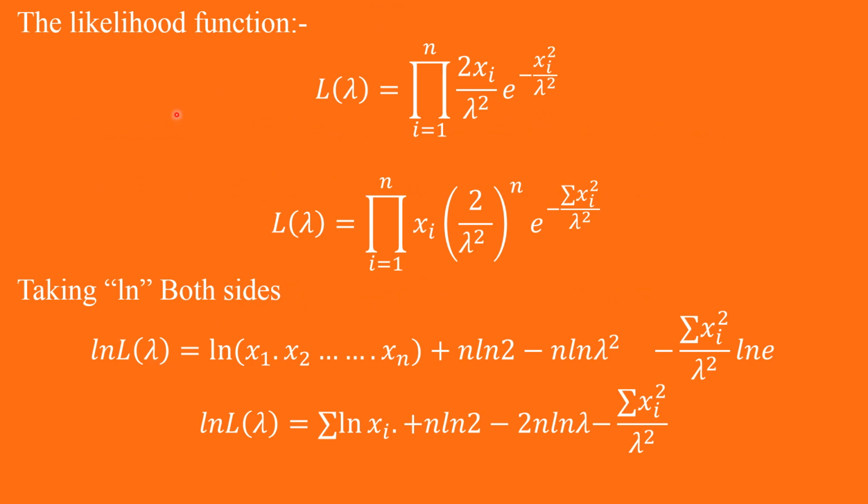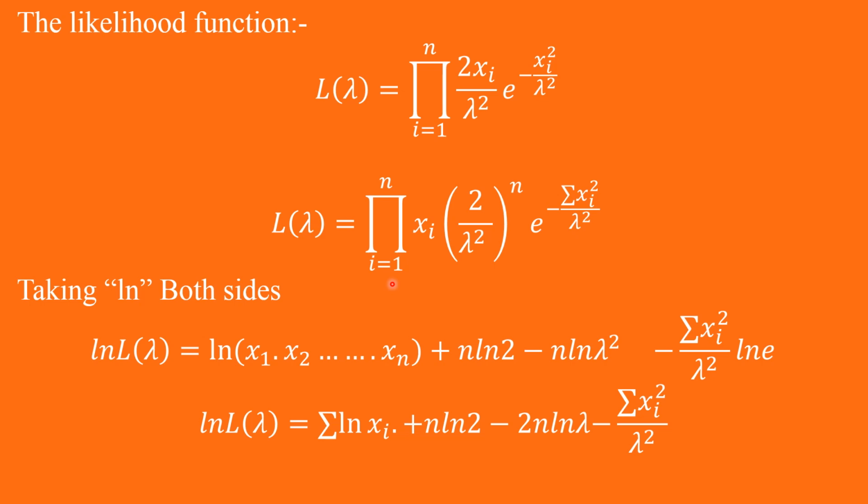First of all, we have to find the likelihood function. The likelihood function will be product from 1 to n of 2 xi over lambda square e power minus xi square over lambda square. Here xi will stay with the product because it is independent of lambda.